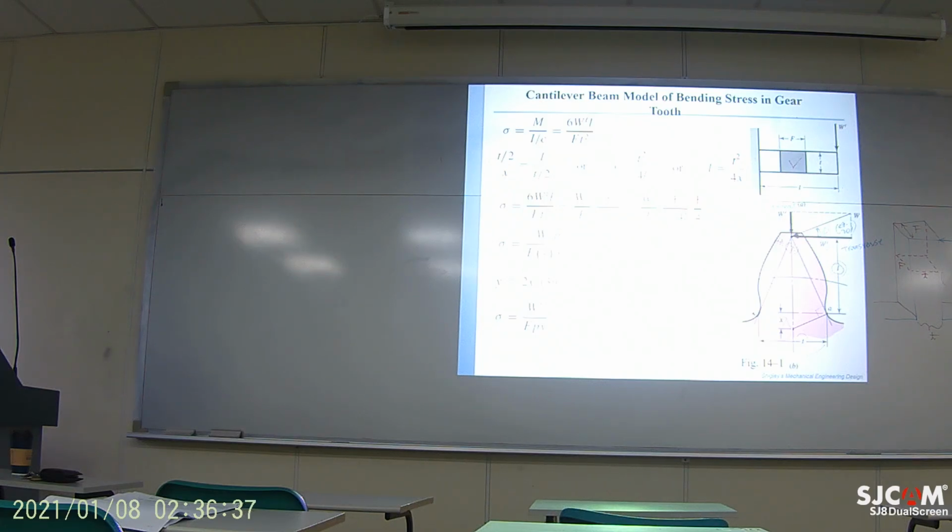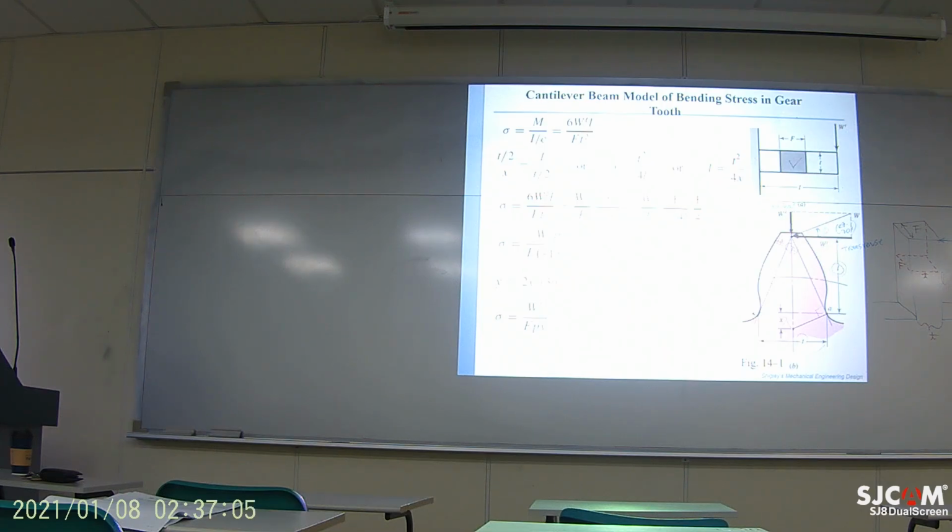And if I call this X direction, this Y direction, so I am bending this cantilever this way. So I am bending this cantilever about this horizontal neutral line, right? So I will be looking for Ixx.